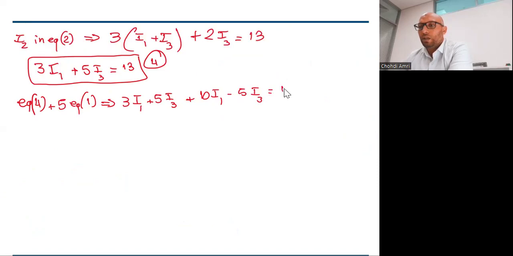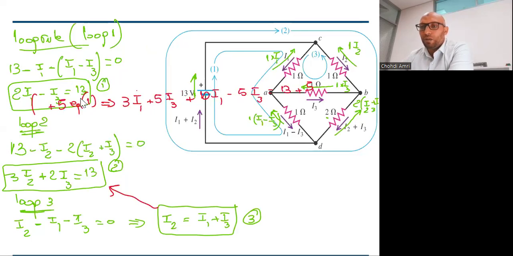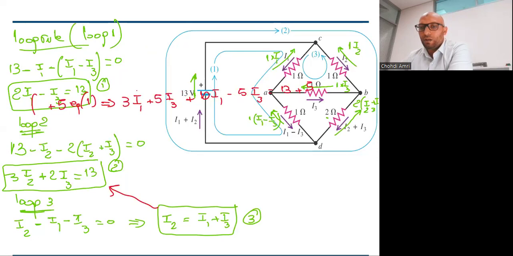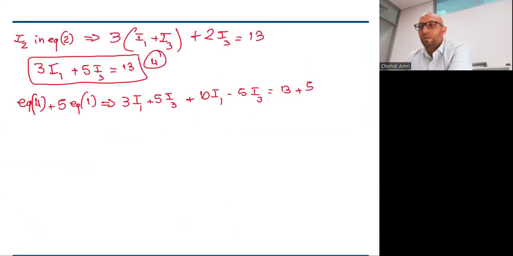We're going to get 13 plus 5 multiplied by 13. That's all.